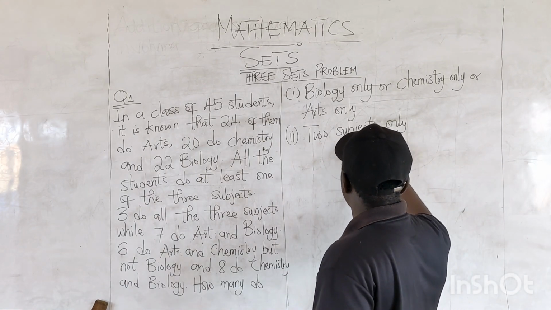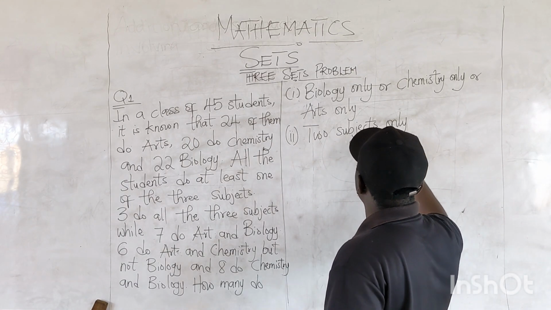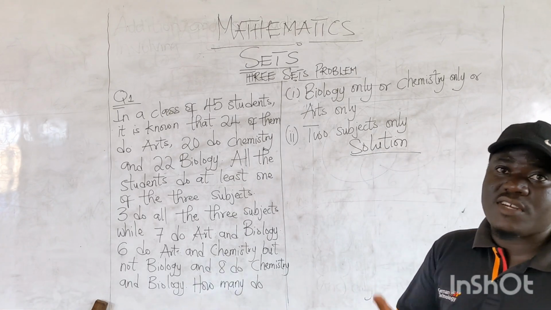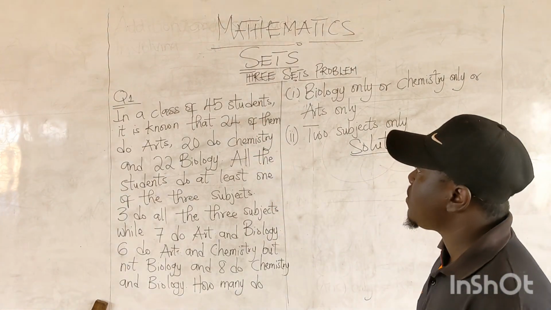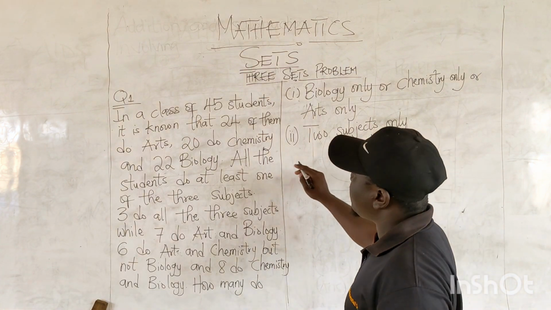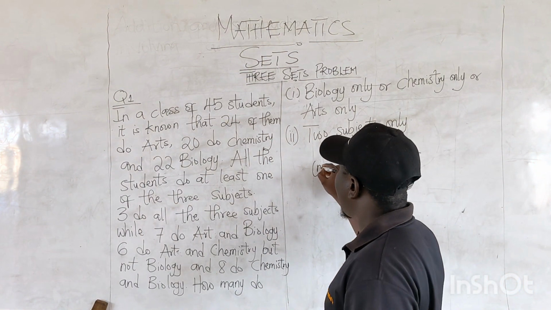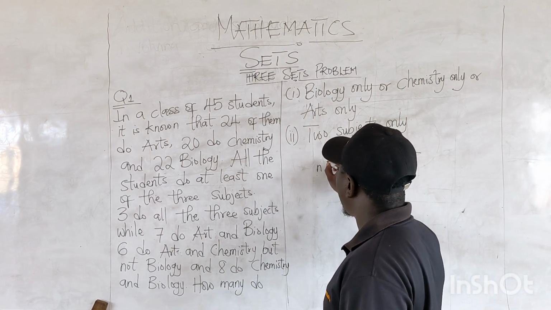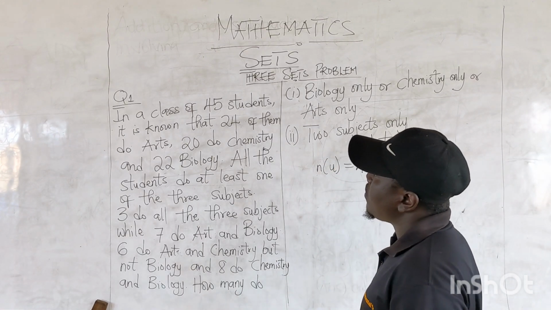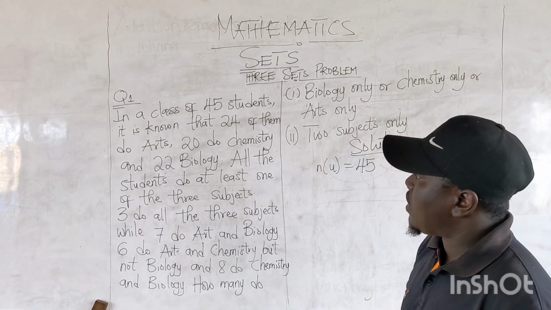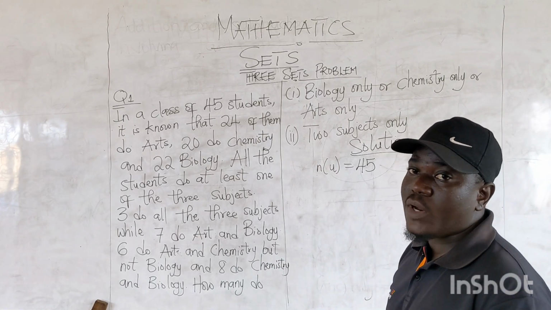So, first of all, we can write the important things from the information that has been given us. We know that in the class there are 45 students. So our number of U is going to be 45. And then it is also known that 24 of them do arts.